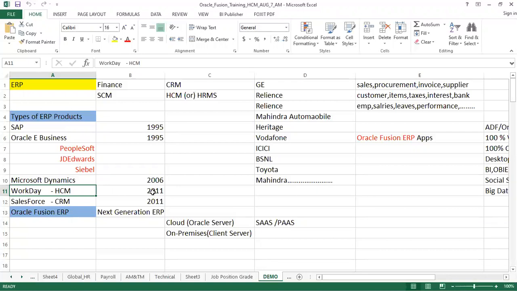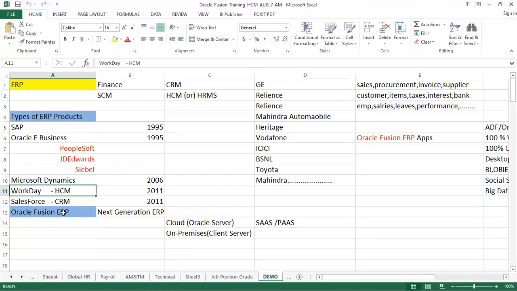It's almost 10 years, but both are cloud ERPs. So there are some disadvantages with this, but okay, good applications. I'll tell you what disadvantages in the next level. So these are different types of ERP products we have in the market.